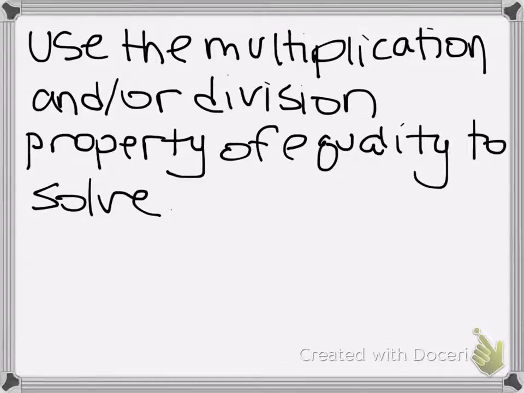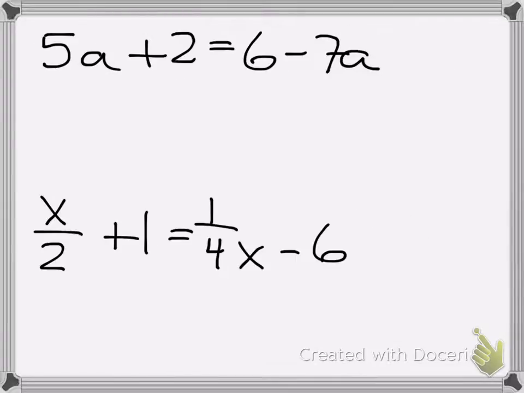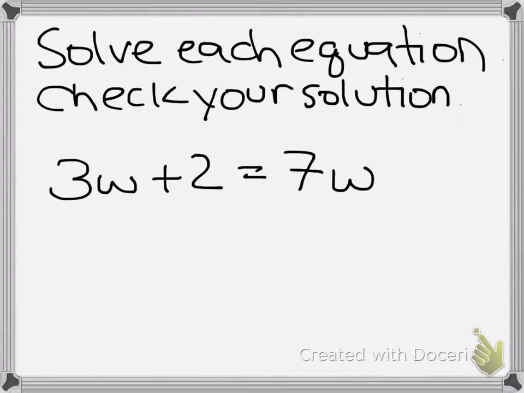So back to the equation, where we have 3w plus 2 equals 7w. Well, each side is already simplified. There's nothing that we can combine, so we're going to combine across the equal sign. Whenever I combine across the equal sign, I need to make sure that I'm doing the opposite operation, but since I'm combining like terms first, I want to take the entire term, not just the w, to be with the other w.